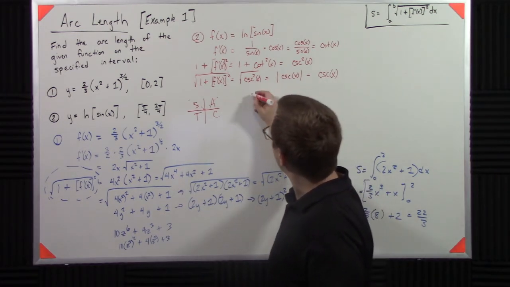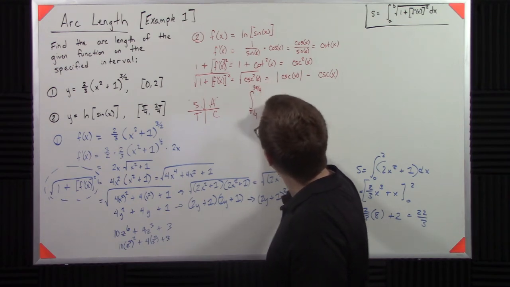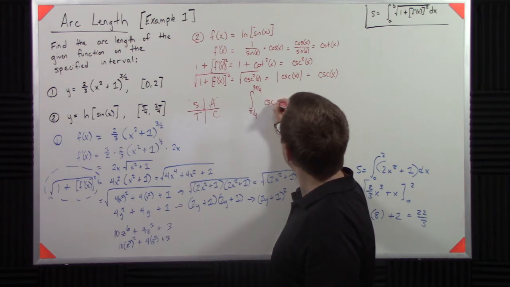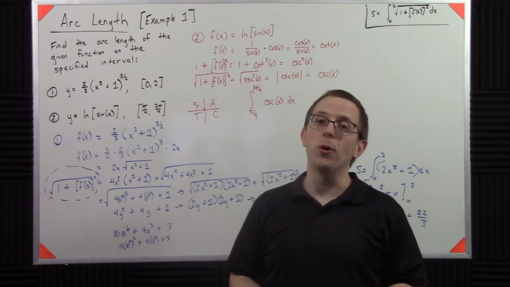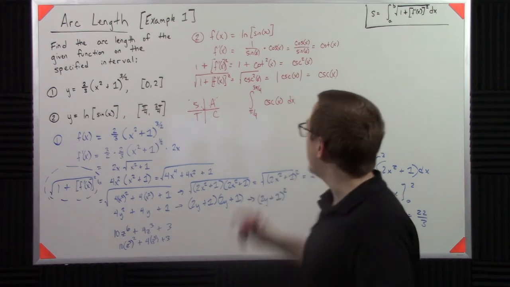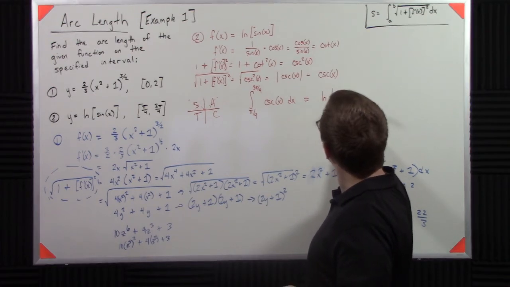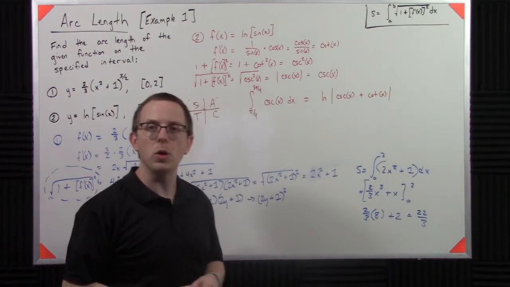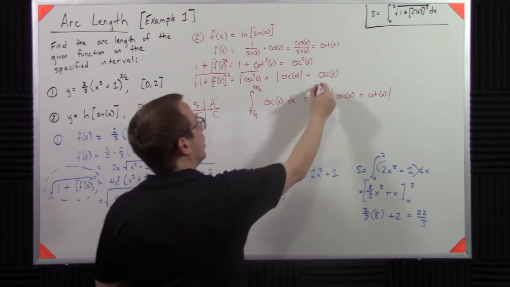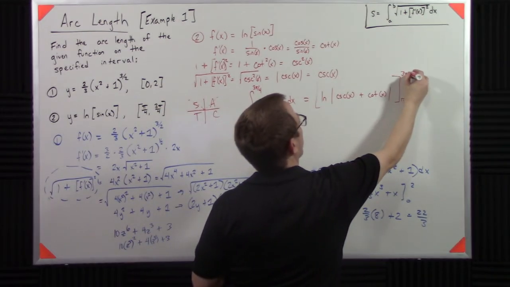So now I have an integral from pi over 4 to 3 pi over 4 of cosecant of x dx. Now you probably don't remember this, but the antiderivative of cosecant is the natural log of cosecant x plus cotangent x. So that's going to go from pi over 4 to 3 pi over 4.